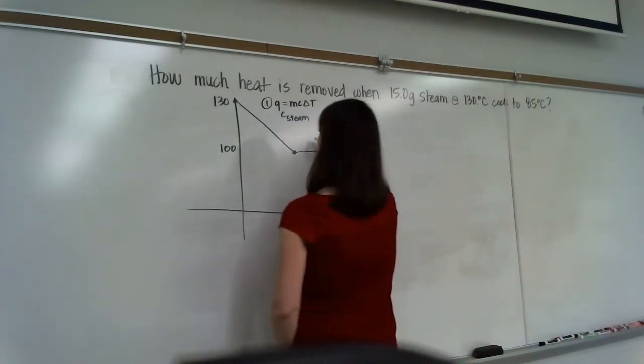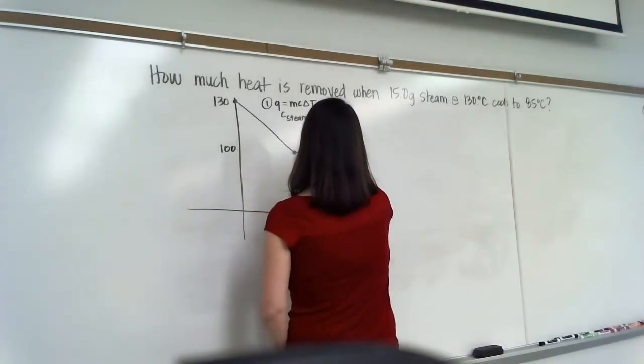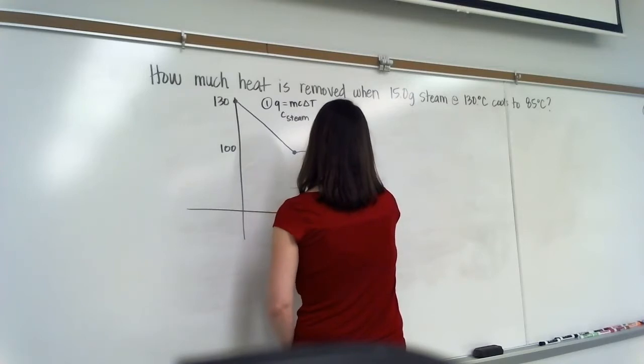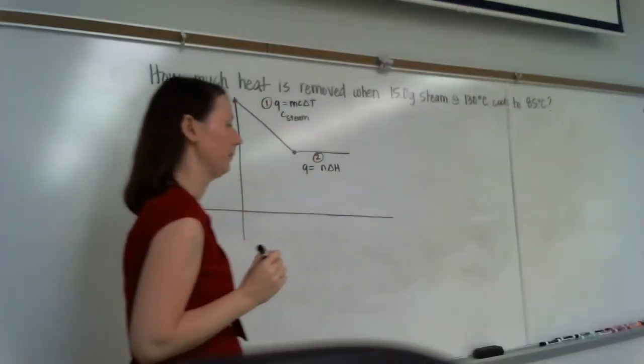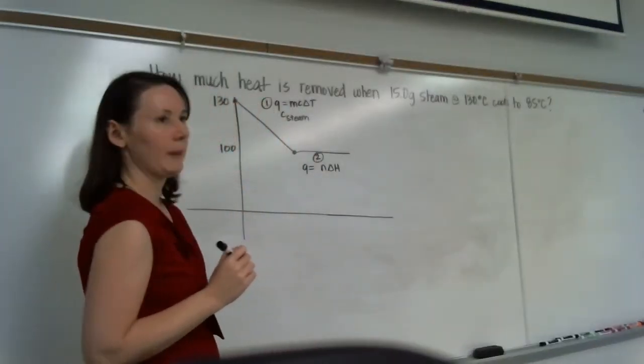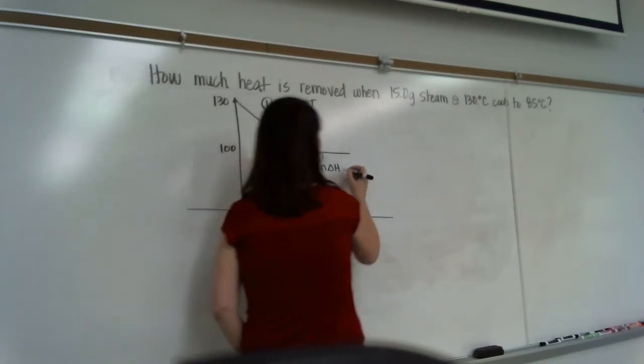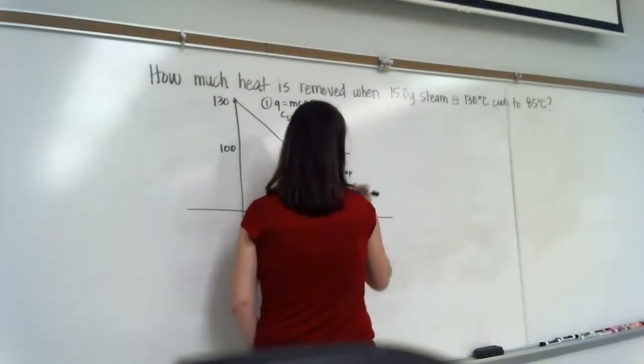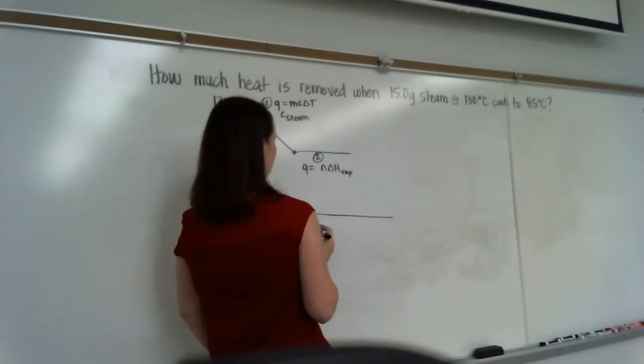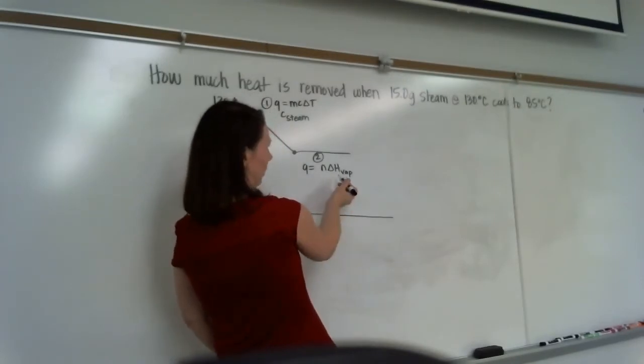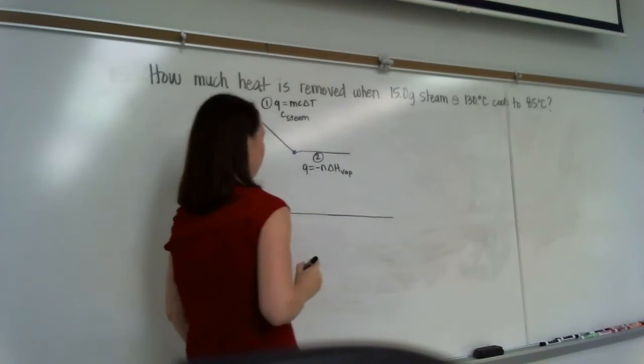No. So calculation number 2, Q equals n times delta H of vaporization or delta H of fusion? Vaporization. And then what do we need to do to represent the fact that this is cooling? Change it to negative, right?